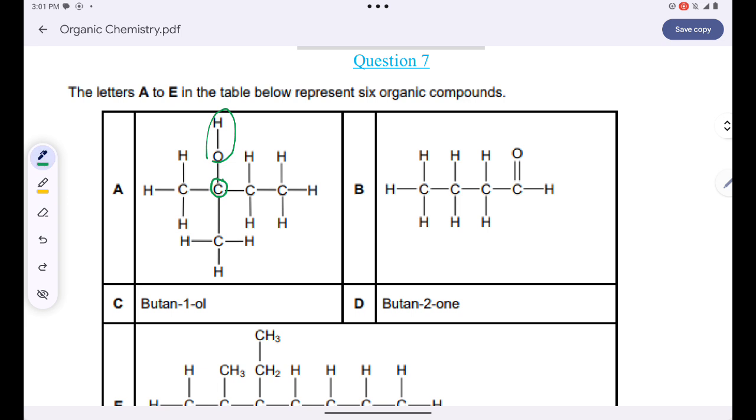Okay, let's name this tertiary alcohol. I must start counting from the terminal carbon which is closer to the functional group. So when I start from left to right, I will be closer to my functional group. This will be 1, 2, 3, and 4. So this is my parent chain. In carbon number 2, I have a side chain, or rather an alkyl group, and also the functional group.